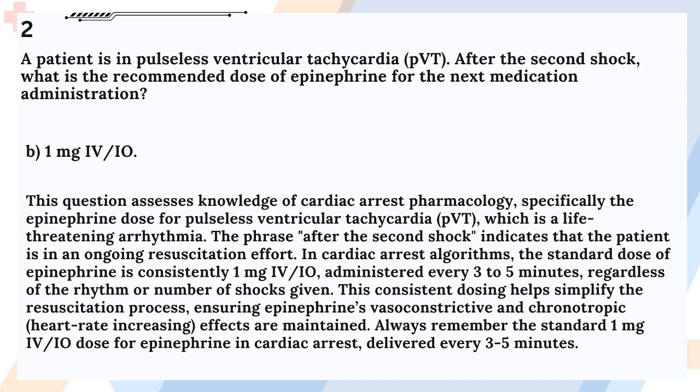This consistent dosing helps simplify the resuscitation process, ensuring epinephrine's vasoconstrictive and chronotropic, heart rate increasing, effects are maintained. Always remember the standard 1 mg IV/IO dose for epinephrine in cardiac arrest, delivered every 3 to 5 minutes.